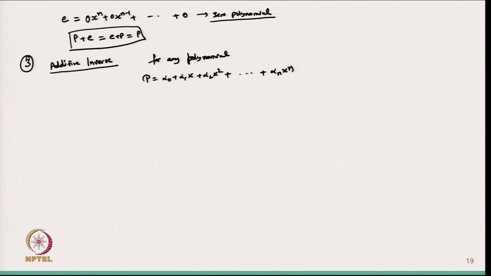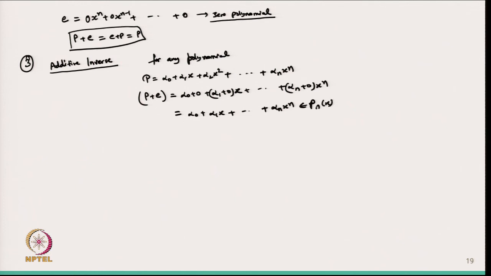So, this is the nth degree polynomial, and if I add p plus e, then it will be alpha 0 plus 0, alpha 1 plus 0, and so on, alpha n plus 0 x n, and this will again be alpha 0 plus alpha 1 x up to alpha n x n, and that is again a polynomial belonging to the set of polynomials P n x. Okay, so this is also true.